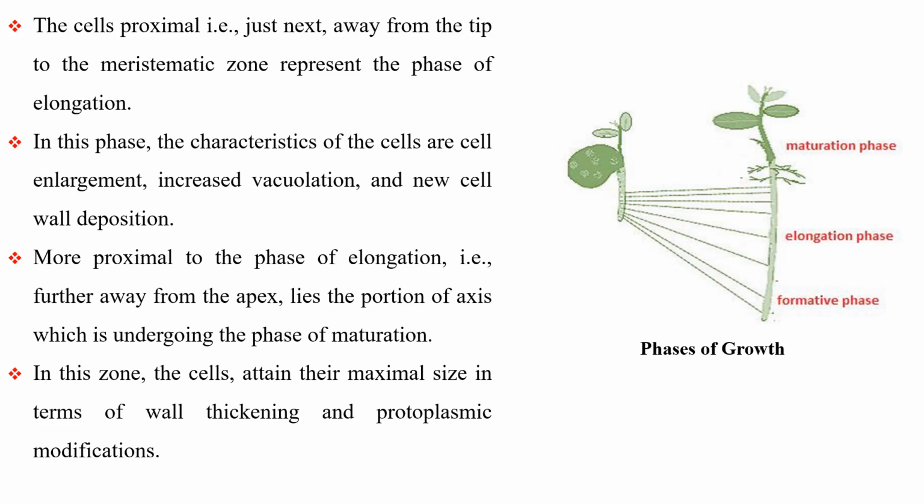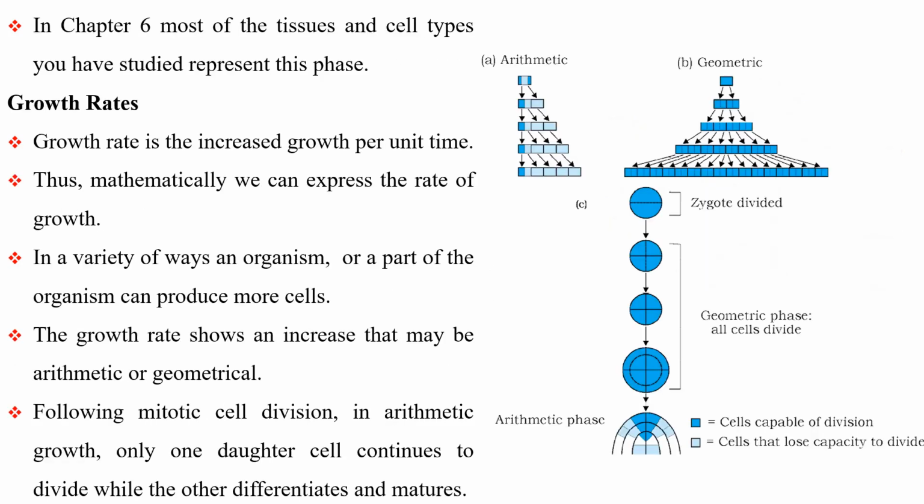More proximal to the phase of elongation, that is, further away from the apex, lies the portion of the axis which is undergoing the phase of maturation. In this zone, the cells attain their maximal size in terms of wall thickening and protoplasmic modifications. In Chapter 6, most of the tissues and cell types you have studied represent this phase.